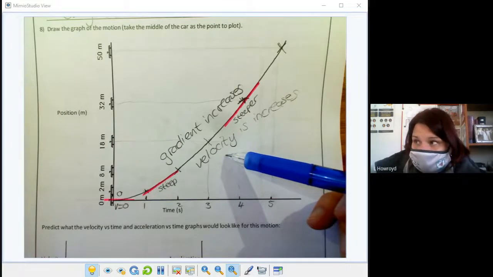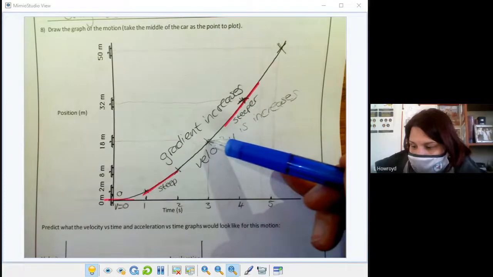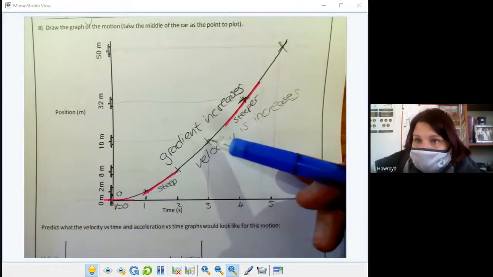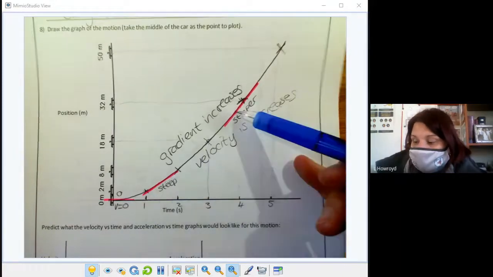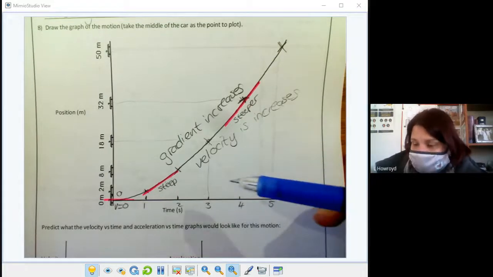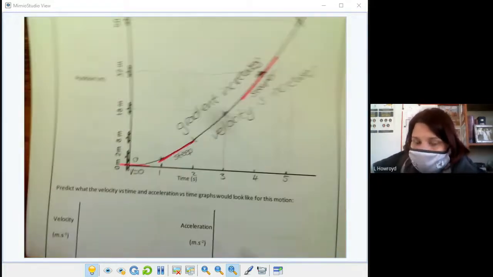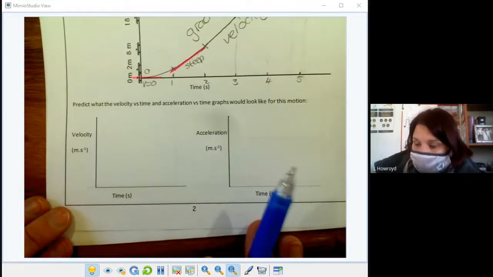Is it clearer? So the actual line, so if I was to go, oh, it's 18 meters. The readings on the graph are position, but the gradient of the graph is then velocity. Okay, please make sure you realize this. So now we are going to look at how a velocity time graph would look.